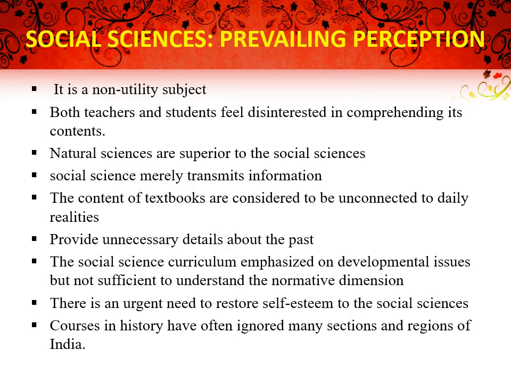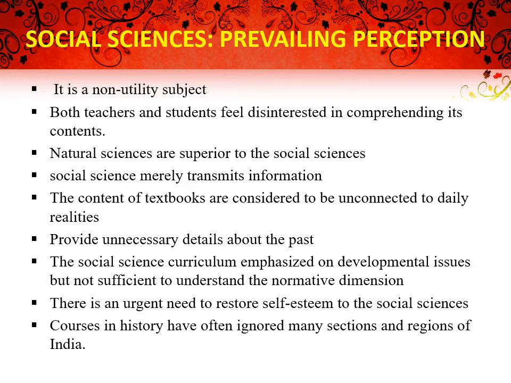the prevailing perception towards the subject is not so desirable. I shall tell you, the popular perception of social science is that it is a non-utility subject to begin with.